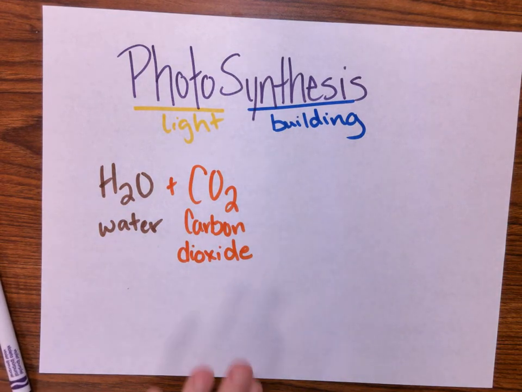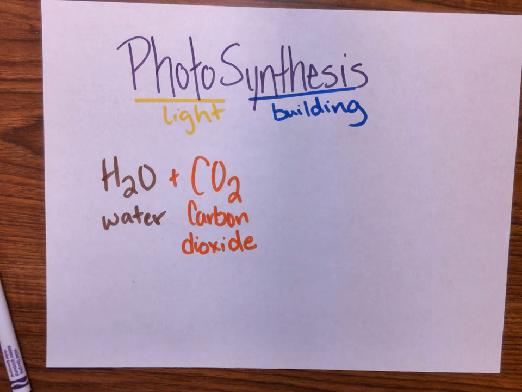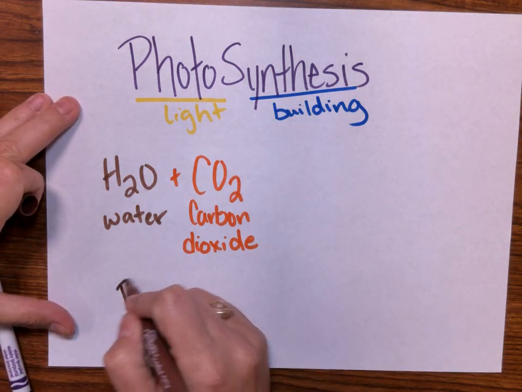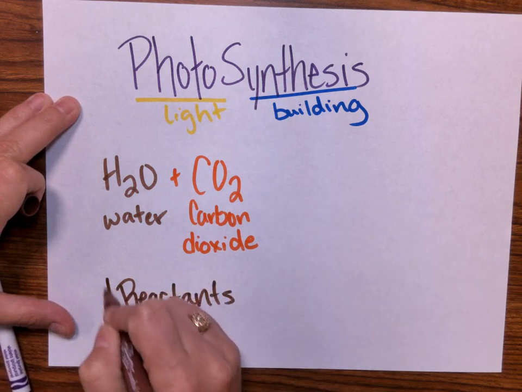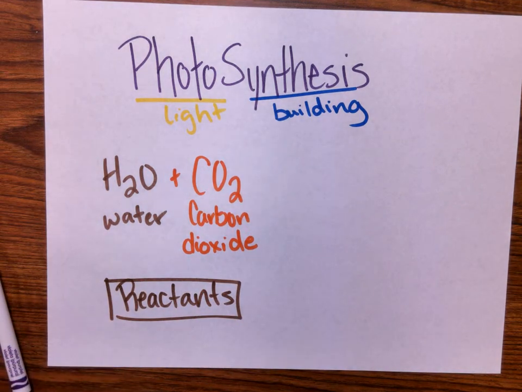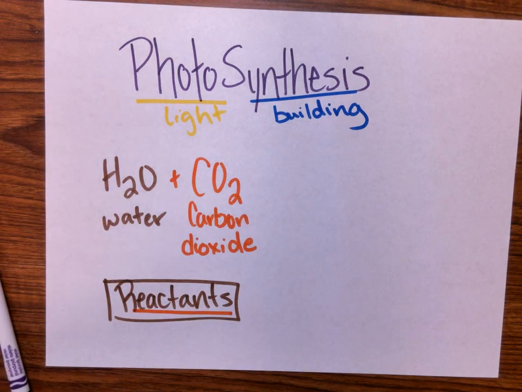Now this part of the formula we call the reactants. This is the thing that the plants need. This is the raw materials that go into the plant to help it do photosynthesis, to learn and grow.